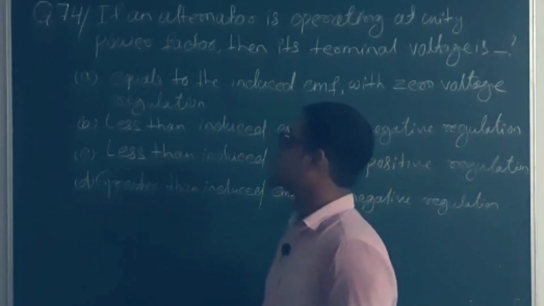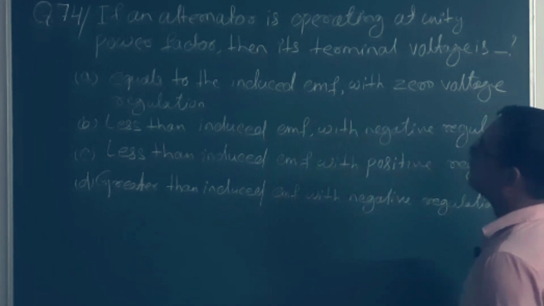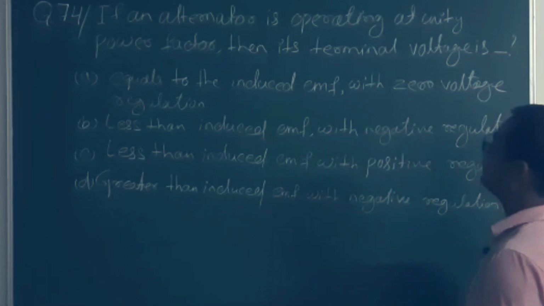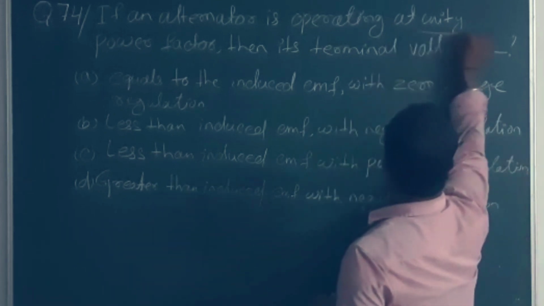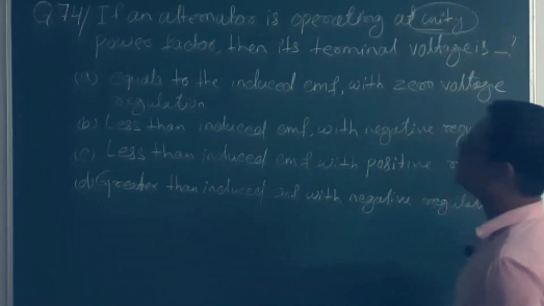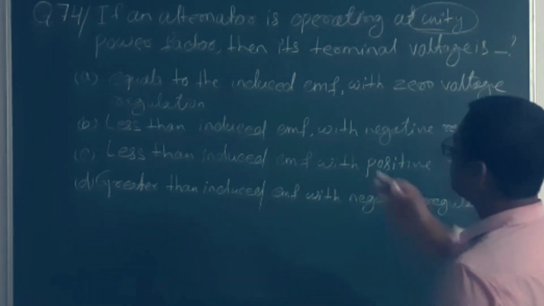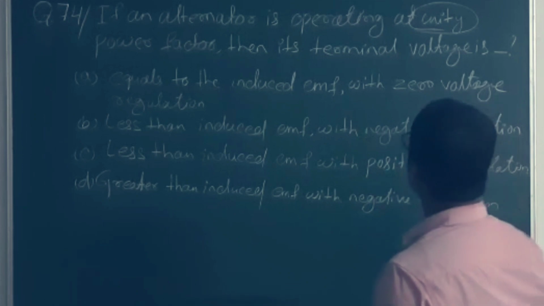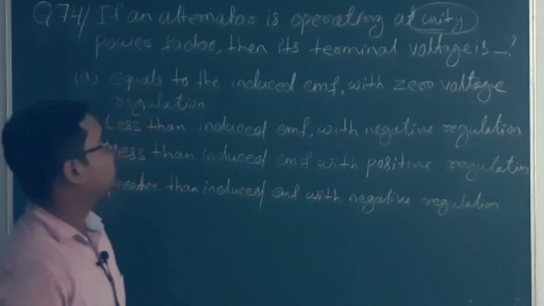Coming to question number 74: if an alternator is operating at unity power factor, then its terminal voltage is dash. Four options are there. First we will discuss voltage regulation.